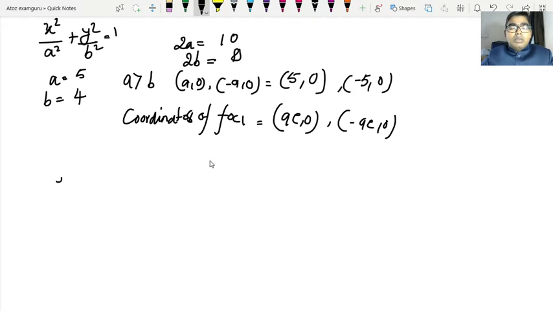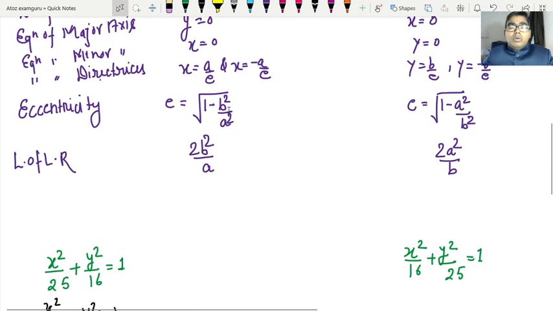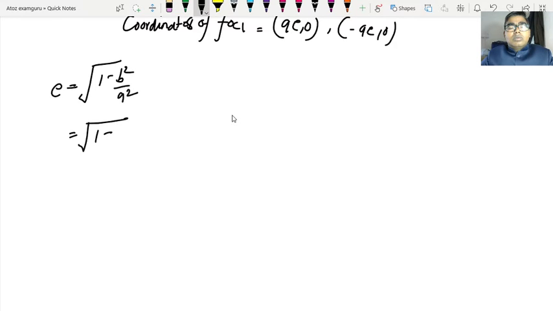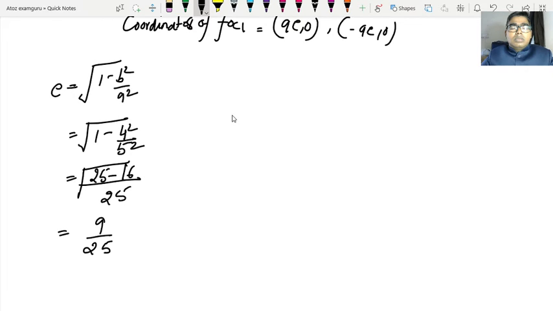So let us see, if you want to find the eccentricity, e equal to under root 1 minus b square upon a square, which is 1 minus 4 square by 5 square. It means 25 minus 16, so you will get 3 by 5.